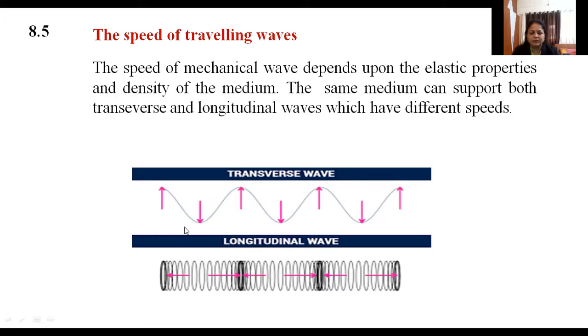According to the direction of velocity of particles, in a transverse wave the particles move perpendicular to the direction of motion of the wave. When the motion of the particles is perpendicular to the direction of the wave, that is the transverse wave. And in the case of a longitudinal wave, the direction of motion of particles of the medium is in the same direction as the wave.